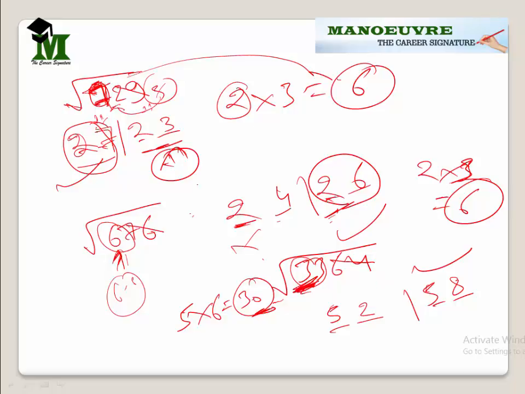Okay, let's take some more examples, and I'll write down the steps also. Let me make some space. So we are following 3 steps. First is find the unit digit. Second, find the tens digit.